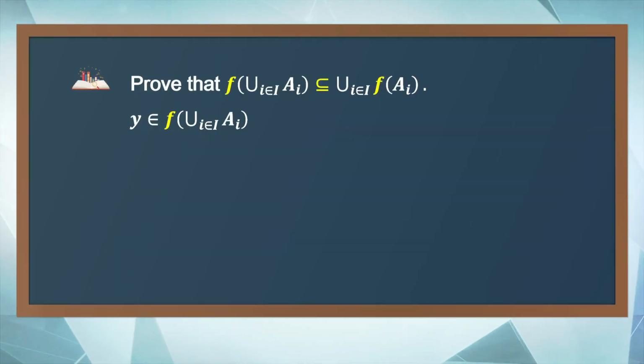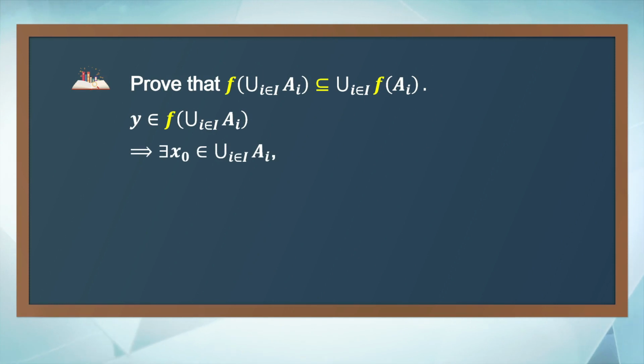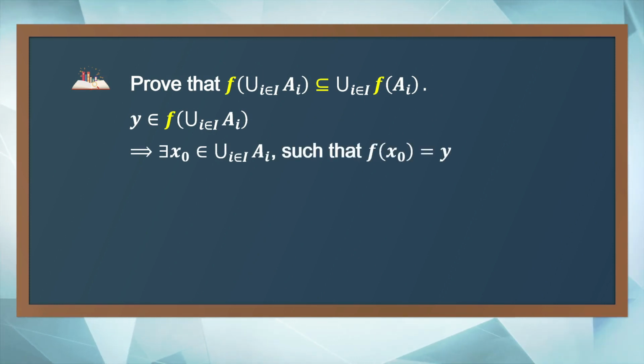First, we will prove the first identity by showing that one side is a subset of the other side. Suppose y is in the image of the union of A_i. Then there exists x0 in the union of A_i such that f(x0) equals y.